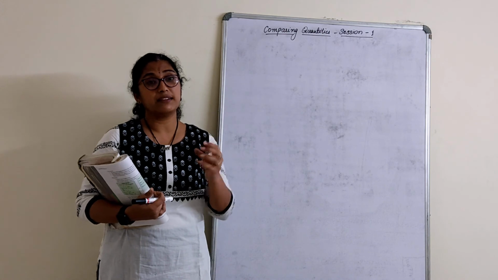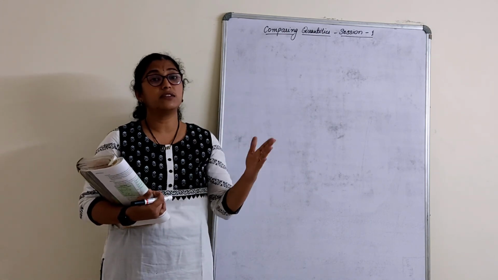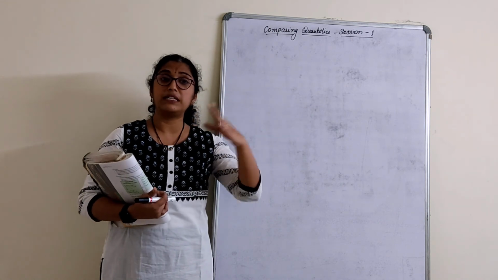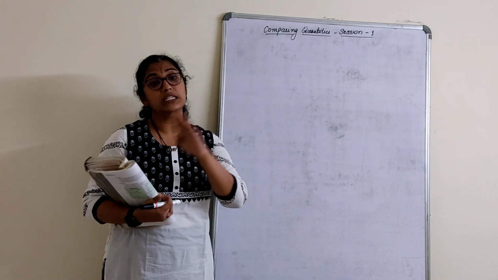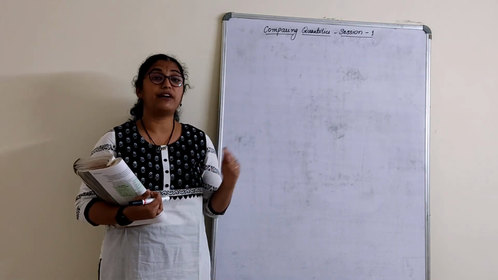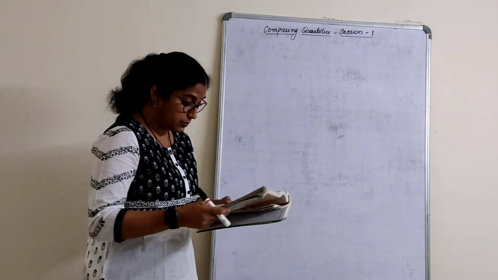So when we compare things, we compare with the same entity: kilometer to kilometer, meter to meter, rupees to rupees, or paise to paise. If they are not the same, we bring them to the same entity and find the proportion. That is what we are going to do in the first exercise.